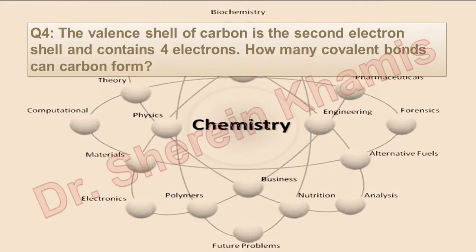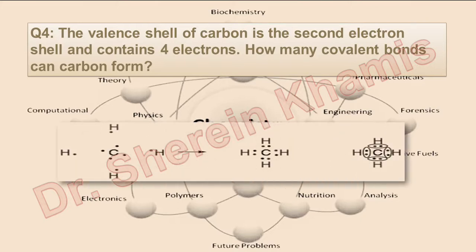Question number 4 says that the valence shell of carbon is the second electron shell and contains 4 electrons. How many covalent bonds can carbon form? As it has 4 electrons in the outer shell, here we have the dot diagram for carbon.